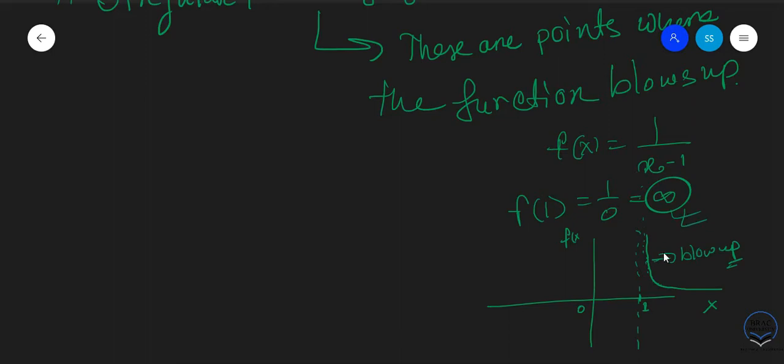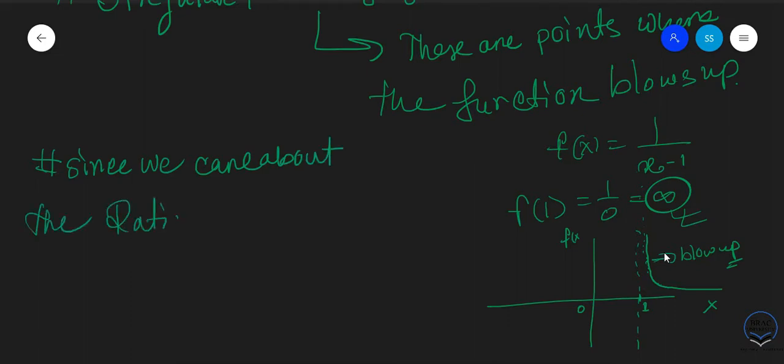So since we care about the ratios Q by P and R by P, we can see that we can make these ratios blow up by setting P of t equals to 0.